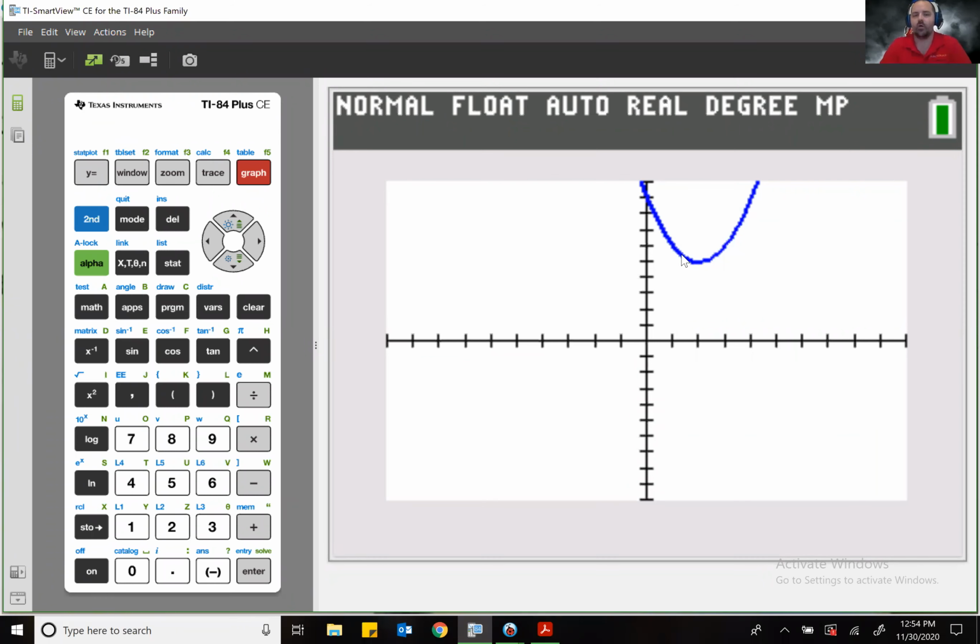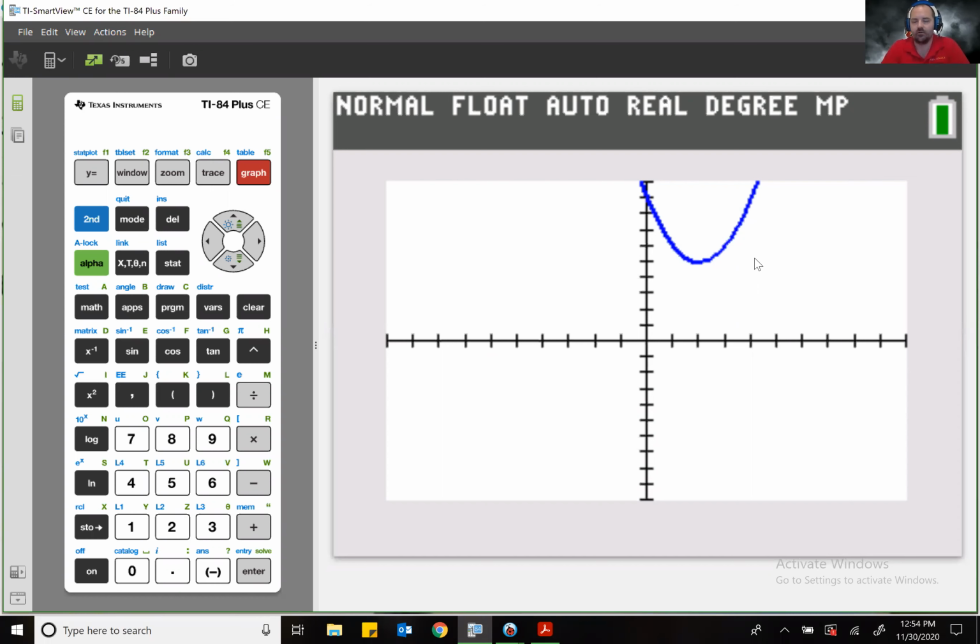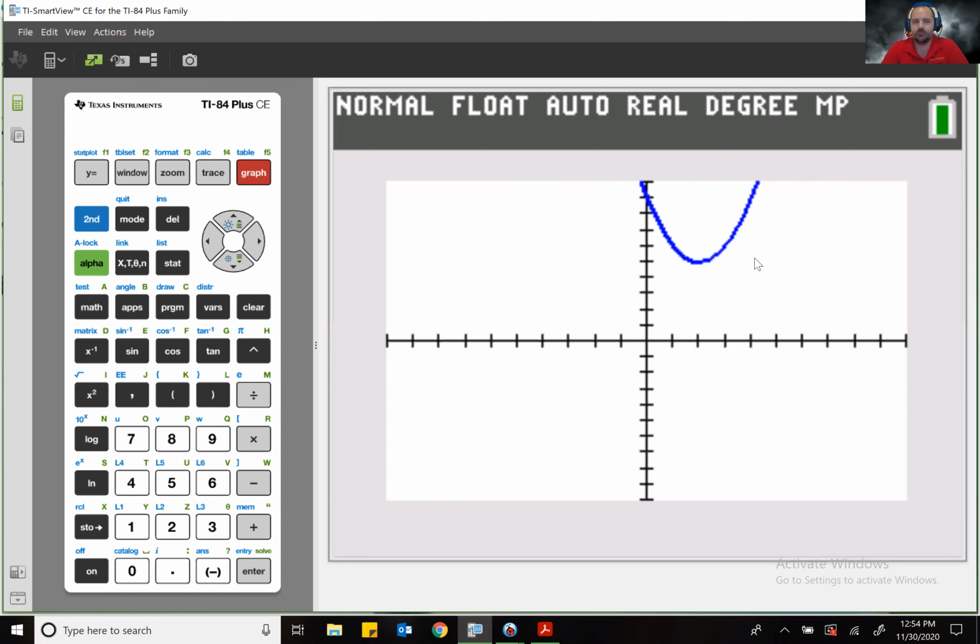Well, where can I go on my graphing calculator to look at all the points? Where can I go to see a list of all the points for my graph? Table.